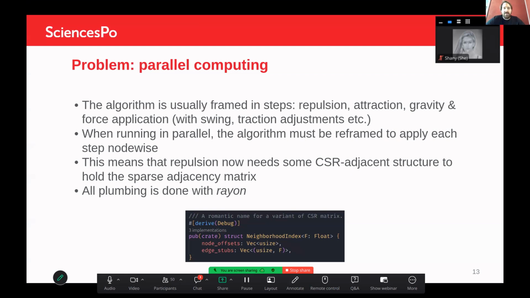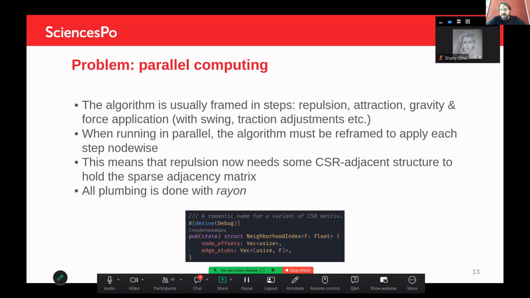And when you run in parallel, you need to be able to have a consistent task grain. And so you have to run the algorithm node-wise for it to run correctly. And usually repulsion needs very little bookkeeping, because you are going to either use a tree or compute a repulsion between pairs of nodes.